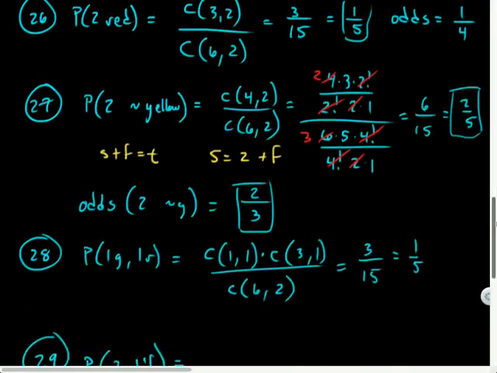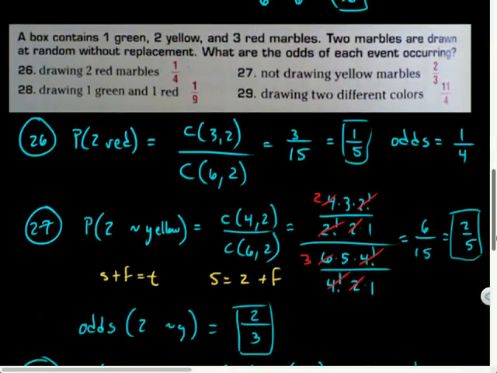So I hope they don't want you to do like a number tree of all the outcomes drawing 2 different colors, because yeah, it would change depending on what was the first color you selected. Yeah, I'll have to come back to 29, guys.